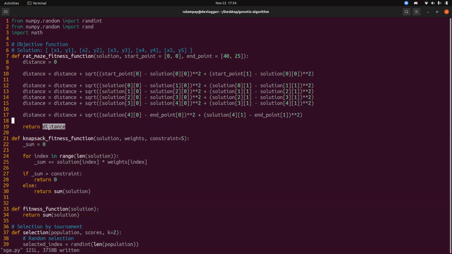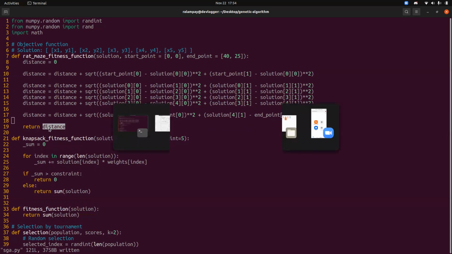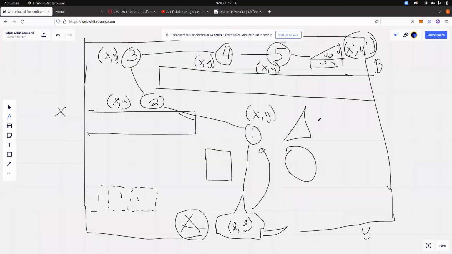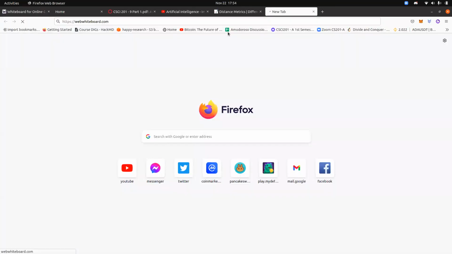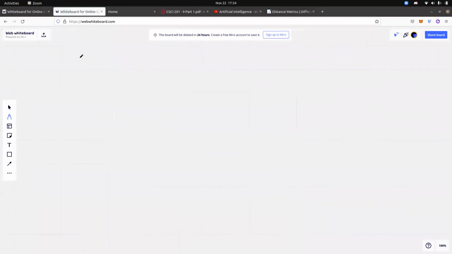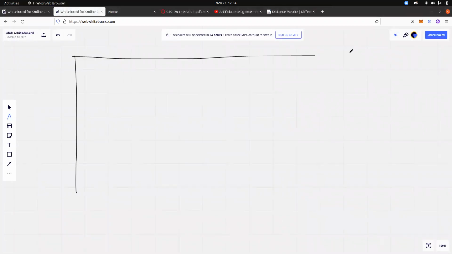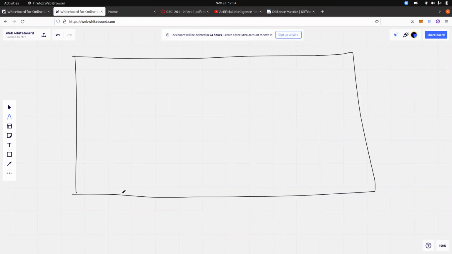So this is a possible fitness function, assuming that we didn't have any constraint. So think of it as a problem wherein the rat is trying to reach the cheese without any obstructions. Okay, this is our entry point. This is our rat with the tail.